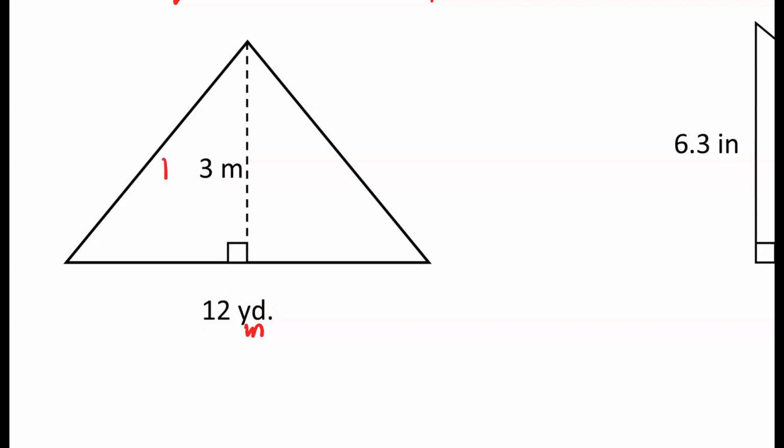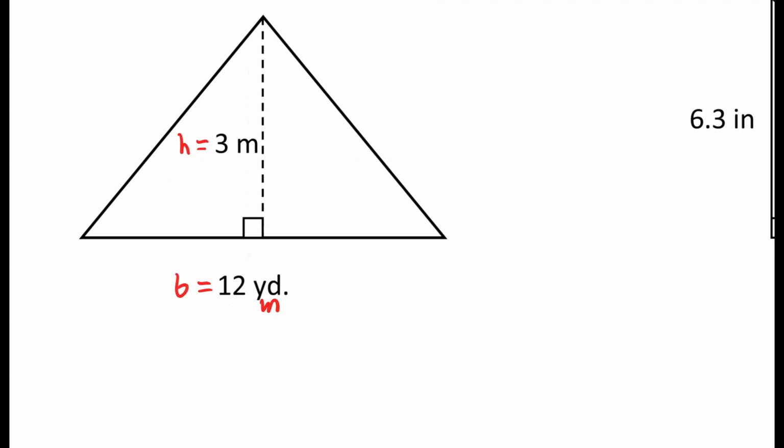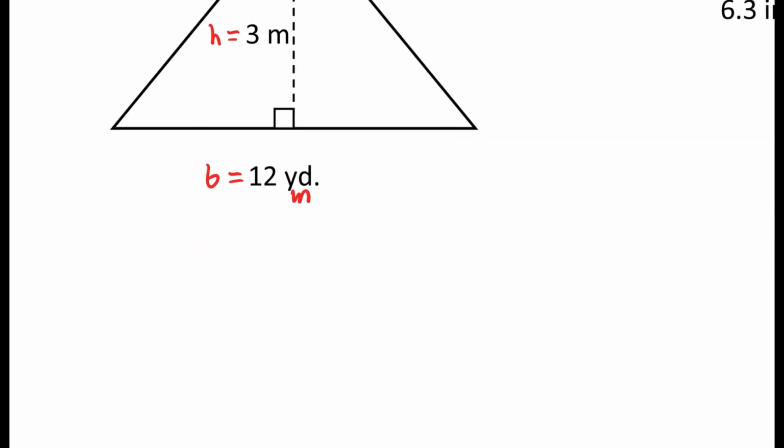So I'm just going to put h equals 3 and b equals 12. So if we went to calculate this, we'd have A equals 12 multiplied by 3 and then divide it by 2. Our final answer for area for this triangle would be 18, and it's meters squared.